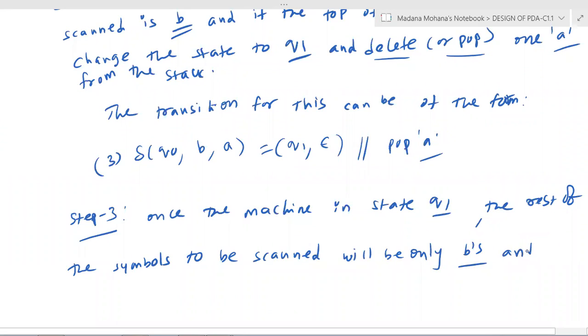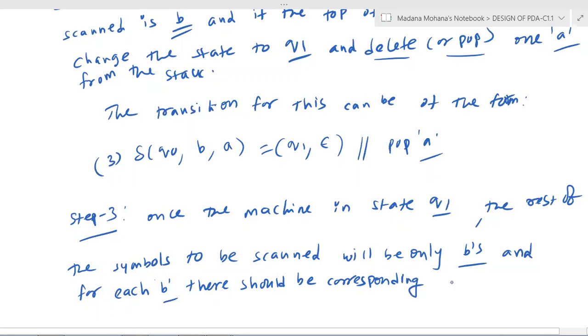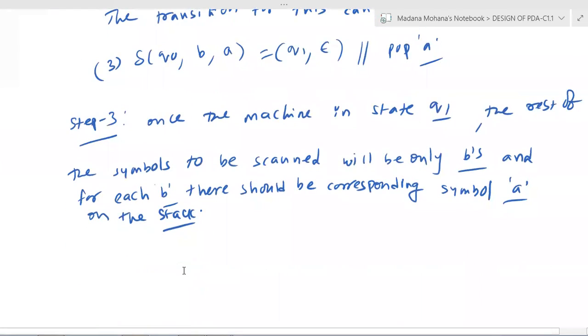And for each B, there should be a corresponding symbol A on the stack. So like that you can pop or delete other A's on the stack by seeing the corresponding input symbol B.